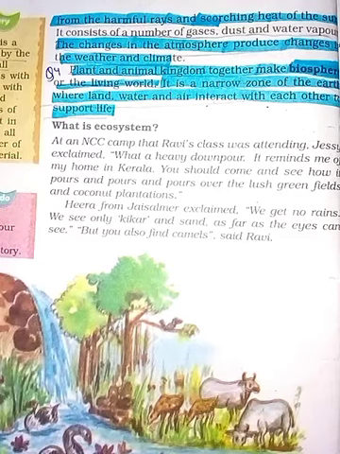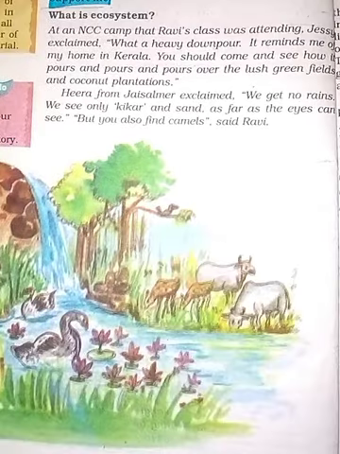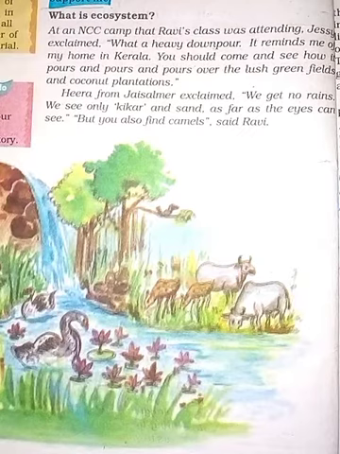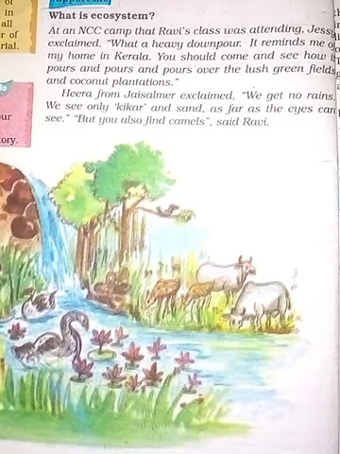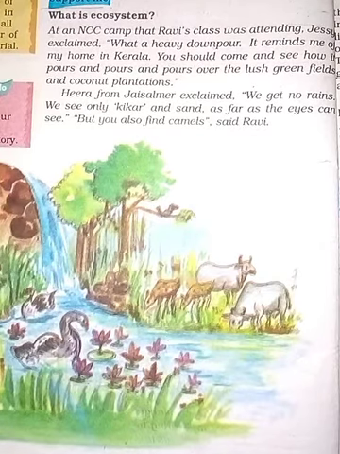You should come and see how it pours and pours and pours over the lush green fields and coconut plantations." Hira from Jaisalmer exclaimed, "We get no rains. We see only kikkar and sand as far as the eyes can see." "But you also find camels," said Ravi.